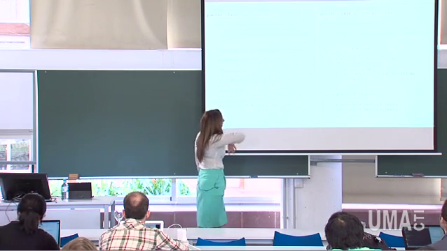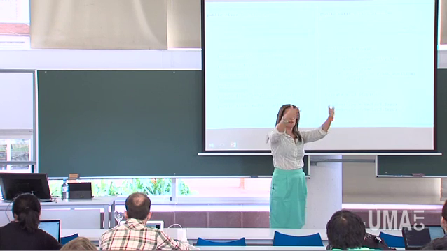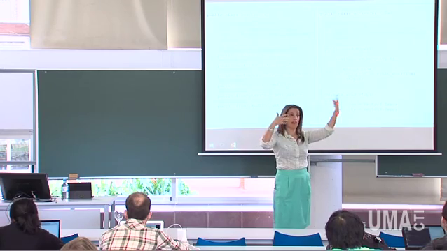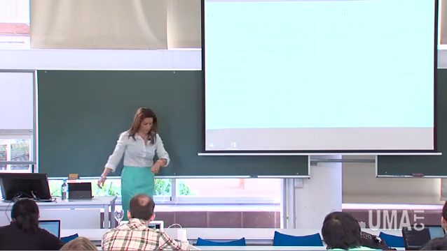And active cars are those for which the velocity is not 0. Okay, so at every tick of the simulation, all of these predicates are run. It goes to the data store and gets whatever active and inactive cars the computing node might need.